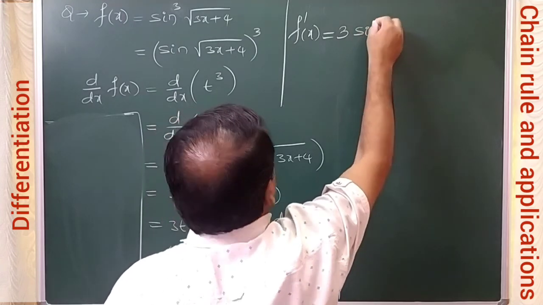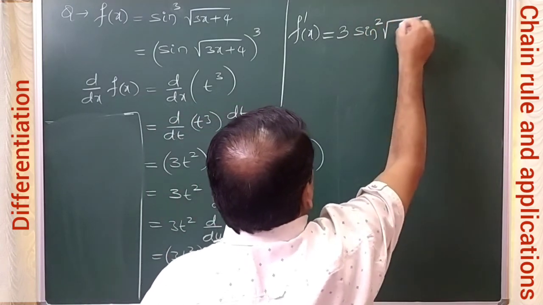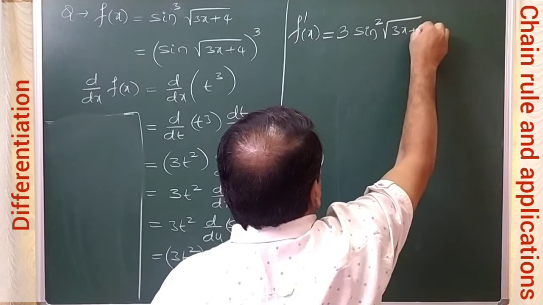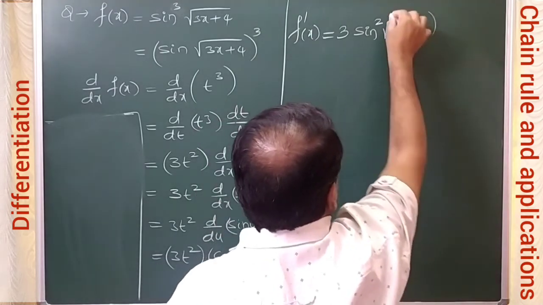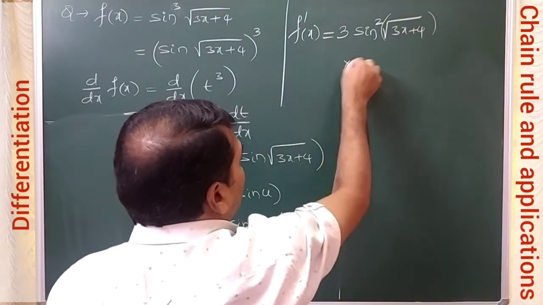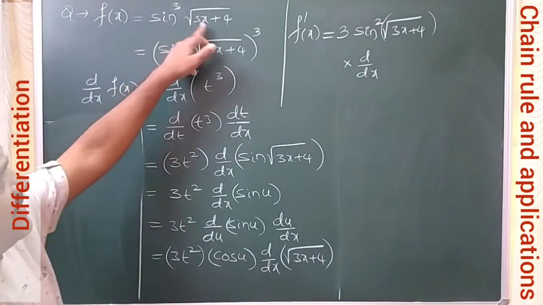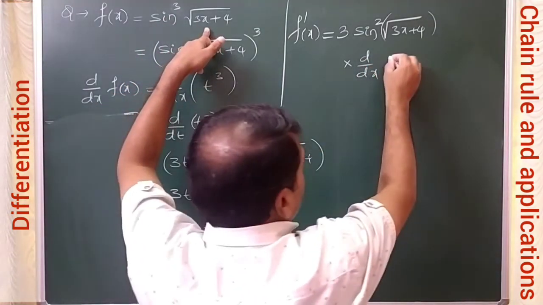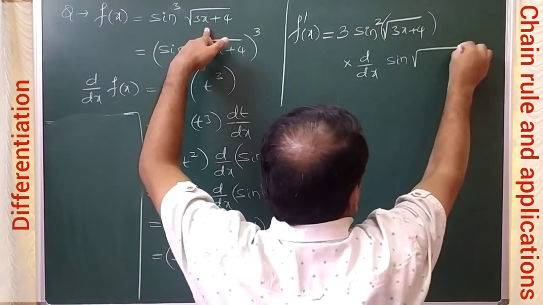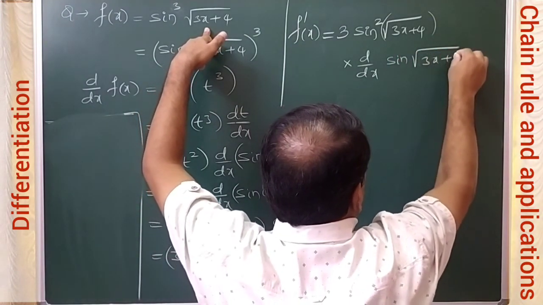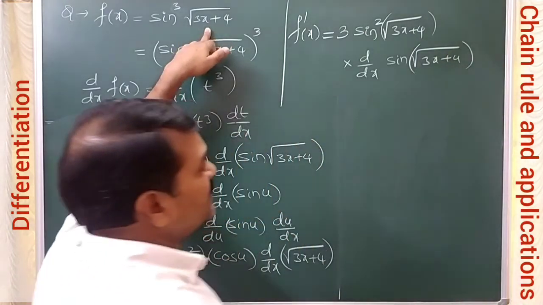So 3 sine square under root 3x plus 4, you can write this. And after that, into what you assumed as x here, write the derivative of that, that means sine of under root 3x plus 4. This is the first step.